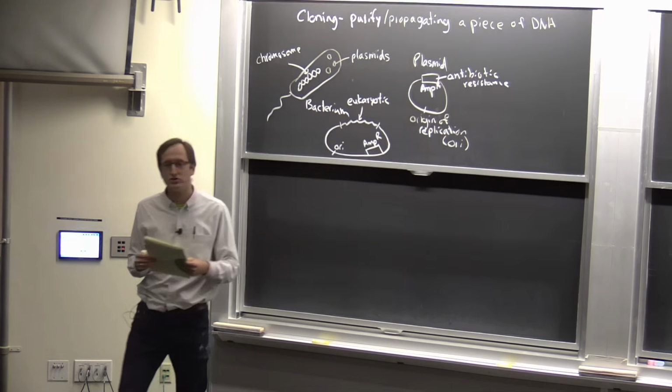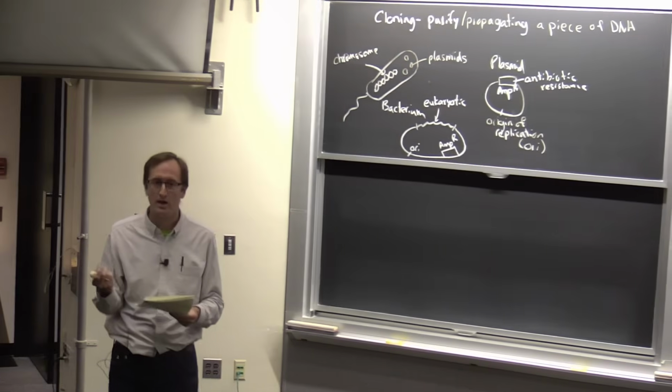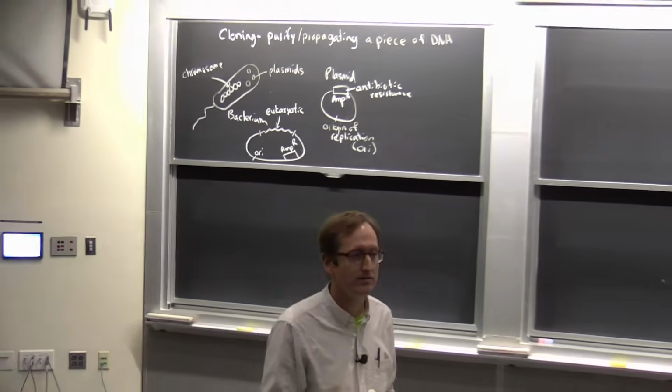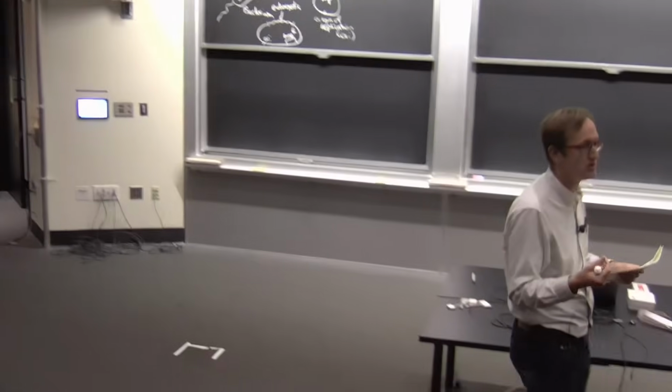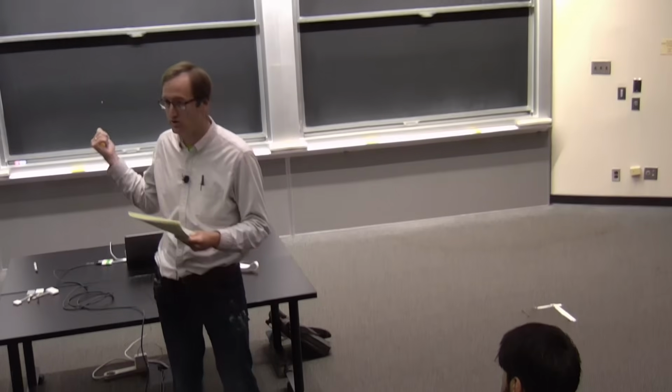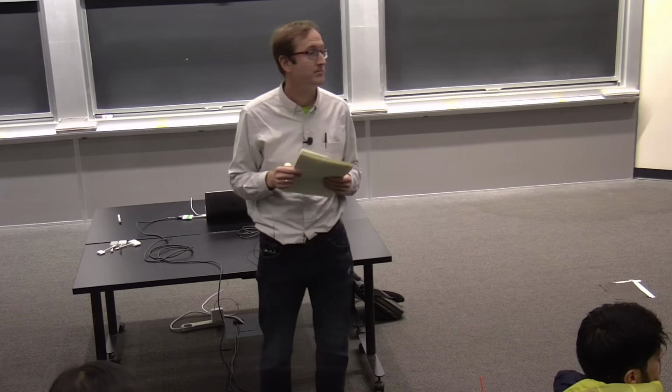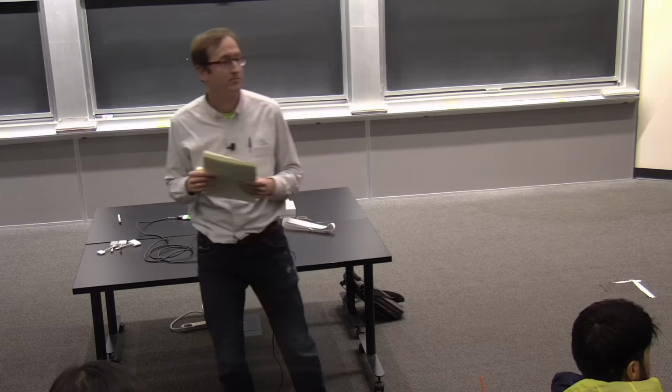So how would you determine whether or not bacteria have a plasmid in it? Can you think of an experiment you could do to determine whether the bacteria has this plasmid? Stephen? You could add ampicillin and see if it survives. Exactly.